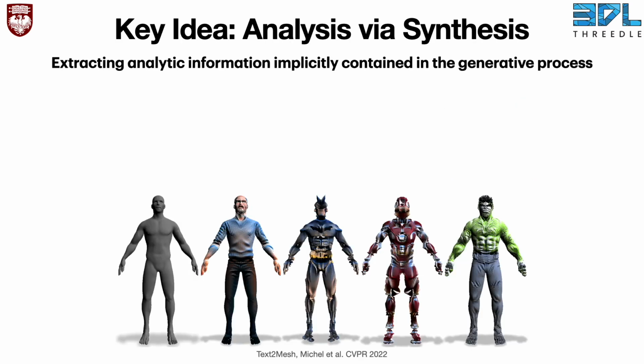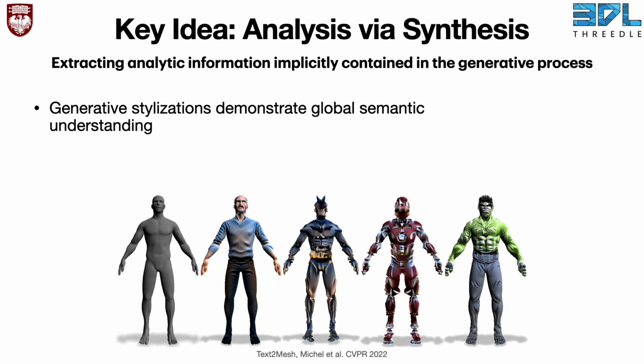The key idea behind our method is the concept of analysis via synthesis, the process of extracting analytic information implicitly contained in the generative process. Our inspiration originates from text-to-mesh, which styles a mesh by optimizing its color and texture. We observe that these stylizations display global consistency and semantic awareness.